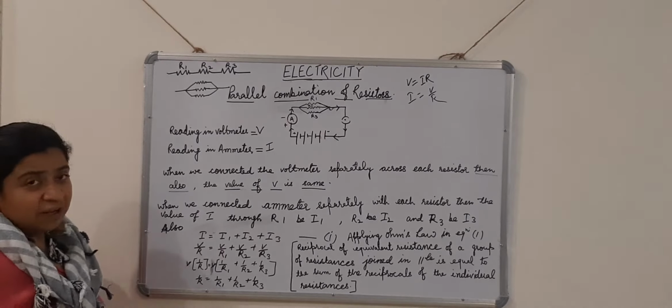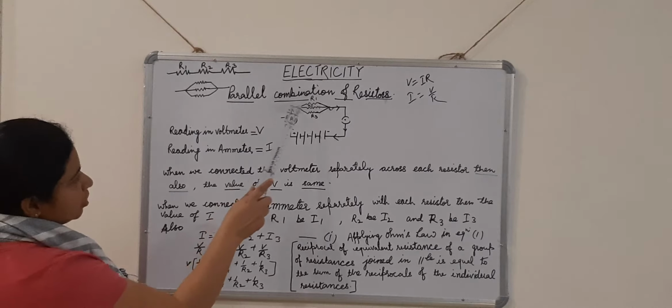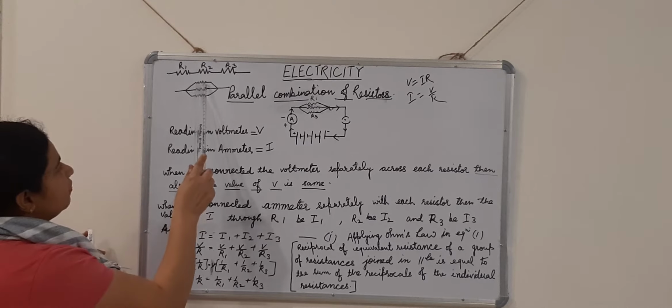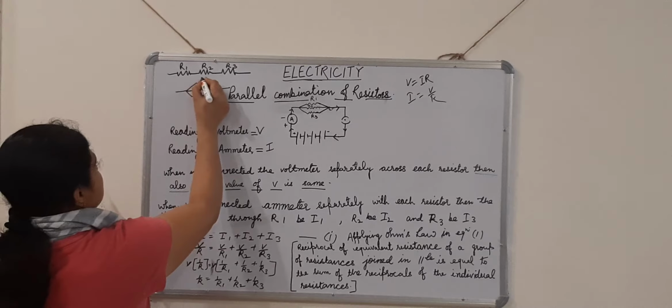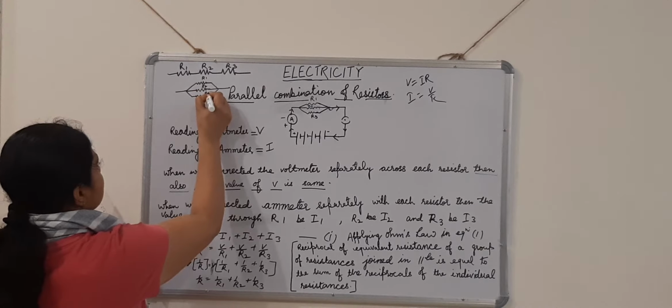Now today we will talk about the parallel combination of resistance, when we have connected three resistors parallel to each other. Suppose this is our R1, R2 and this is our R3.